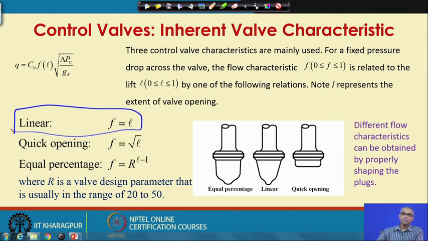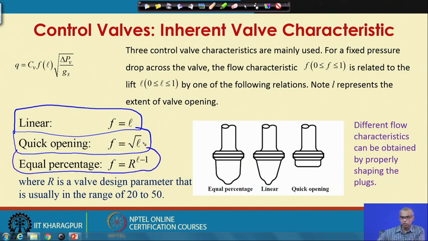Quick opening characteristics is represented as f of L equal to square root of l, and the equal percentage valve characteristic is represented as f of L equal to R to the power small l minus 1, where capital R is a valve design parameter that is usually in the range of 20 to 50.